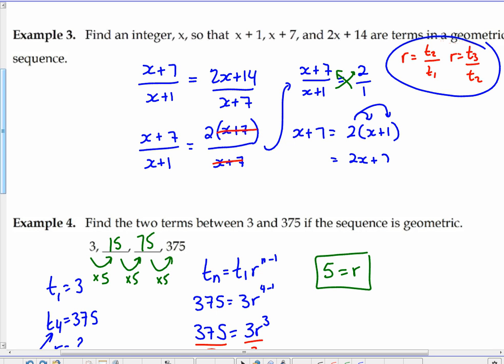That's 2x plus 2, and this is x plus 7. So get our x's all to one side. Really quickly, I'm going to subtract x and bring the x to the right side, and I'm going to bring 2 to the left side. So subtract 2. And I get 5 equals x. That's my answer.